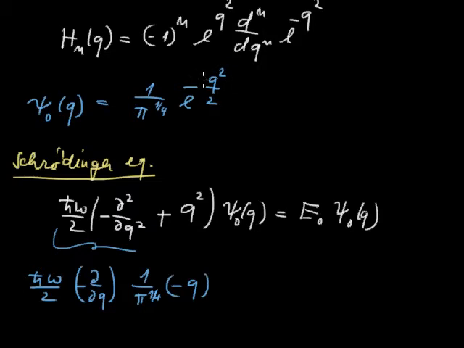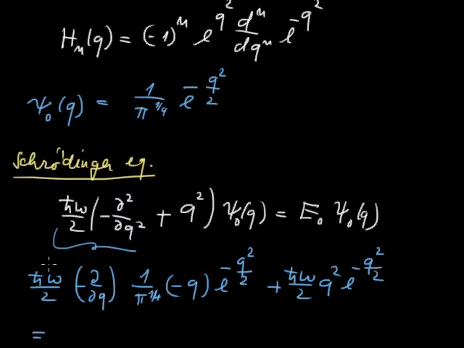That's what we get by taking the derivative of this, minus q e to the power of minus q squared divided by 2. So that's when we acted with this for the first time, plus we have h bar omega divided by 2, q squared e to the power of minus q squared divided by 2.